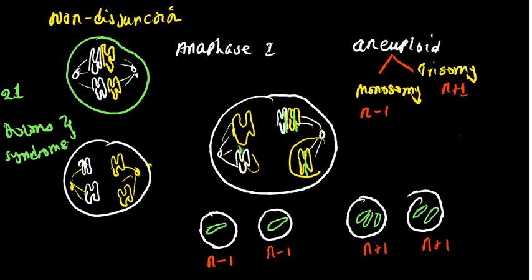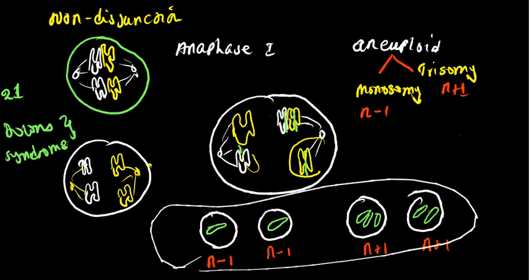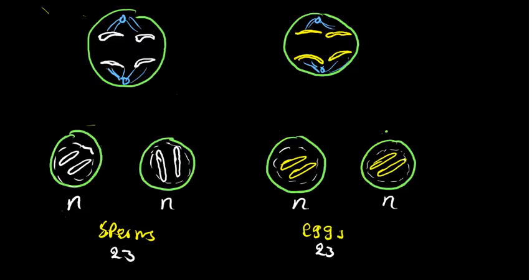So that is a very simple task to complete. If you want to work out how we get 2 normal and 2 abnormal, just think of a cell which completed meiosis 1 normally, then the sister chromatids at this point failed to separate.